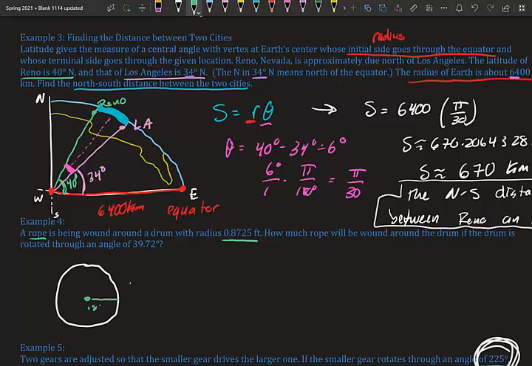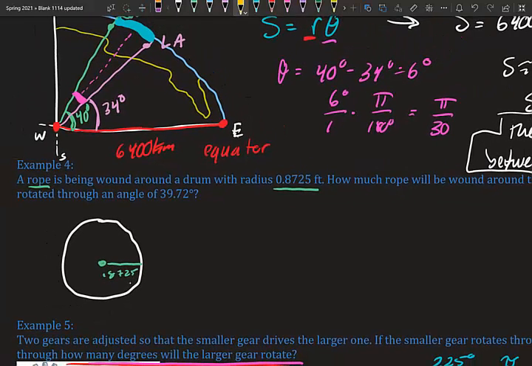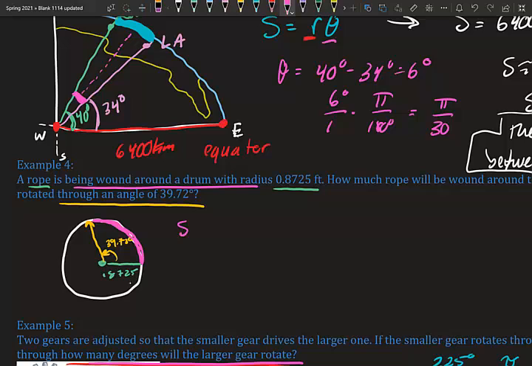Then it tells us it rotates through an angle of 39.72 degrees. It's asking us how much rope will be wound around the drum, which is the sector length. So we're just using sector length again.